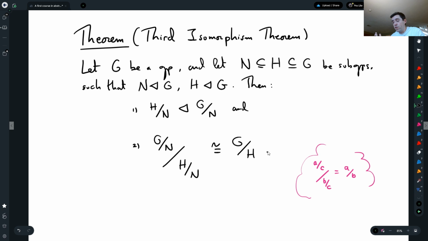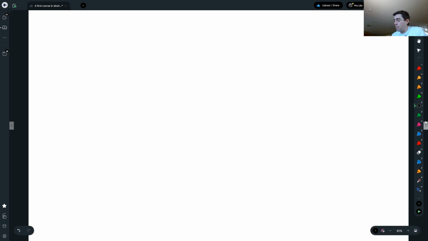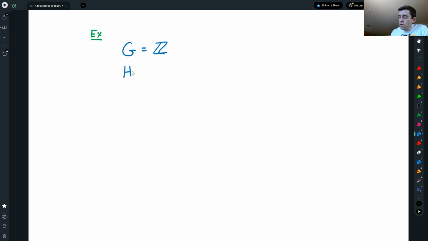I am not going to prove this theorem. You can find the proof in most books on algebra, but I do want to give you an example of how the theorem actually works. So what I'm going to take for my G is just the integers, and then for H the subgroup 4 times the integers, and N is going to be 12 times the integers.